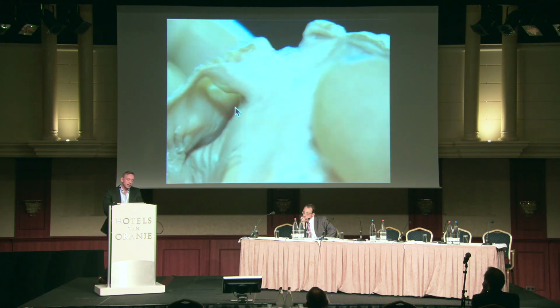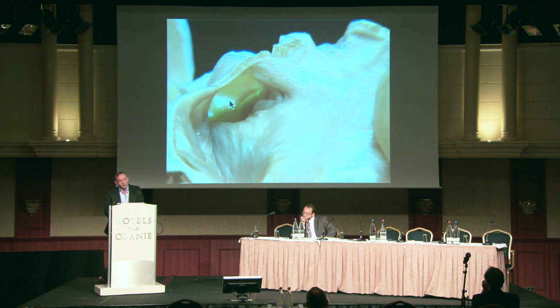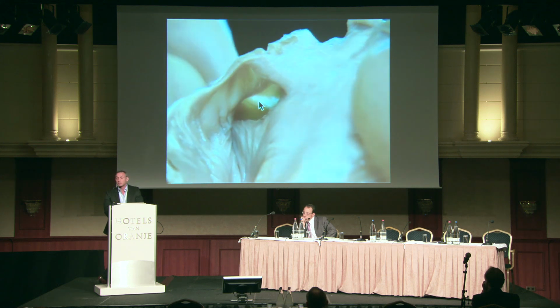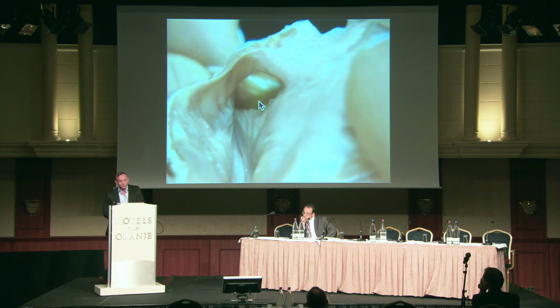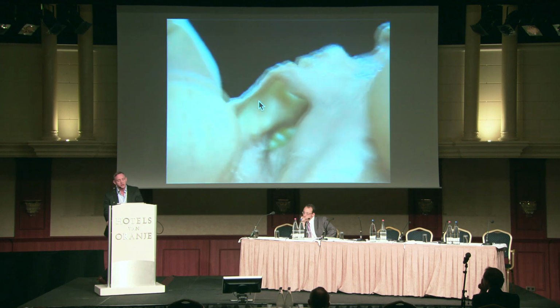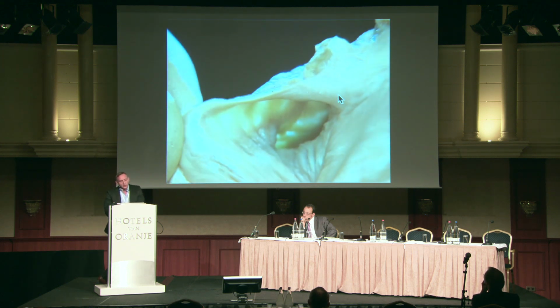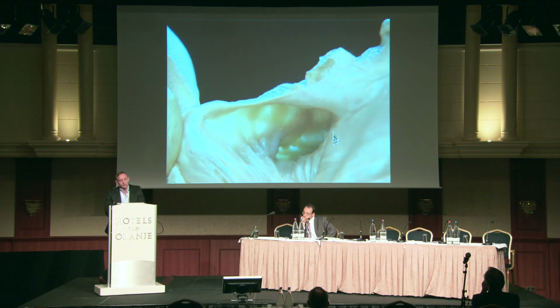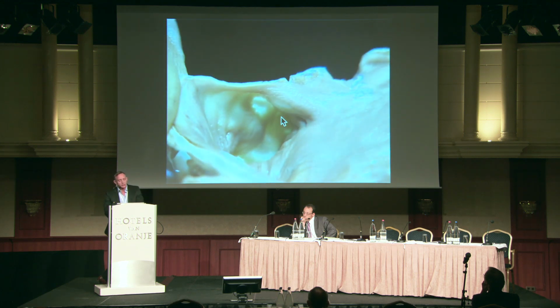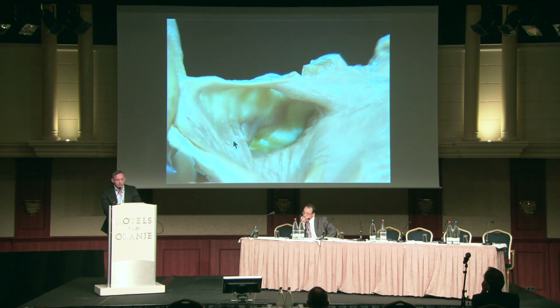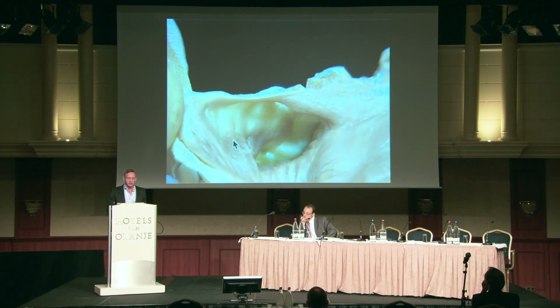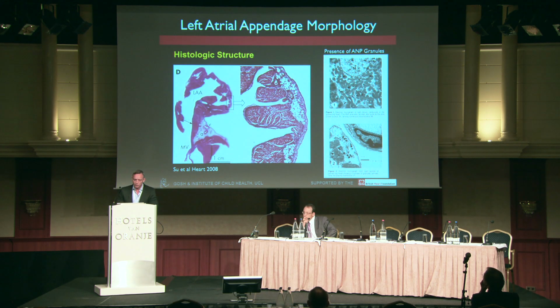I'm shining a light from the outside, as you can see, and certainly the wall here between the pectinate muscles can be paper thin. That can be changed by disease. The appendage can be fibrotic and thickened. But certainly in the native state, the wall between the pectinate muscles can be translucent. So I think that's an important thing just to remember.